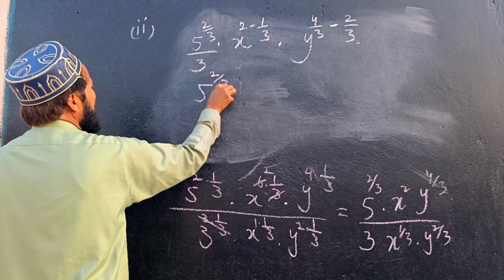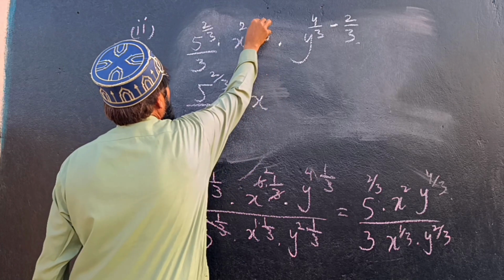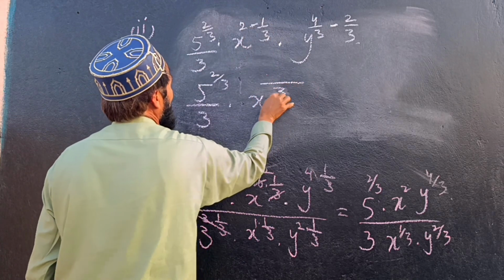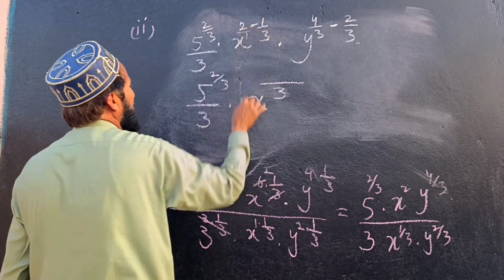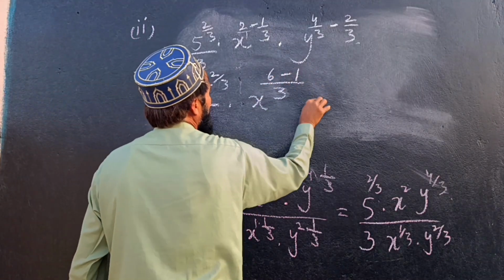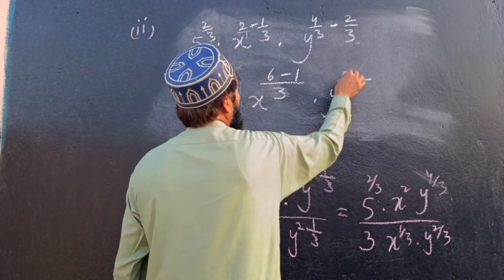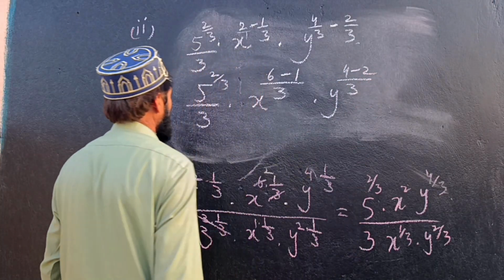So 2 by 3 divided by 3, and for x, this will be subtracted; we take the LCM, 3 is the LCM, and here in the denominator is 1. So 3 multiplied by 2 we get 6, 6 minus 1, and here 3 is the same, so 4 minus 2 are subtracted.